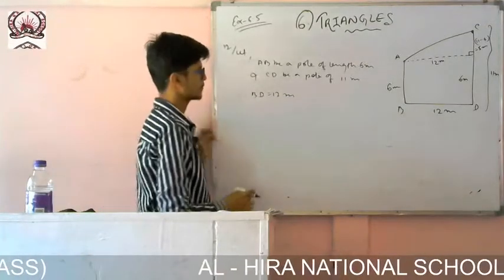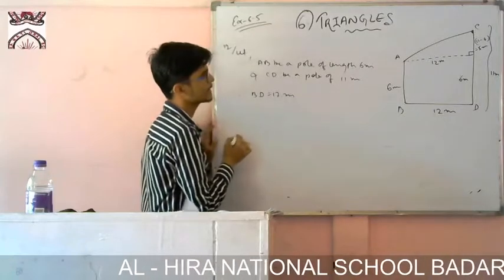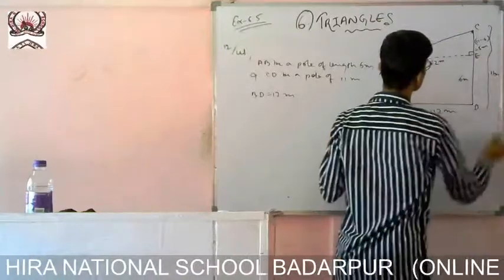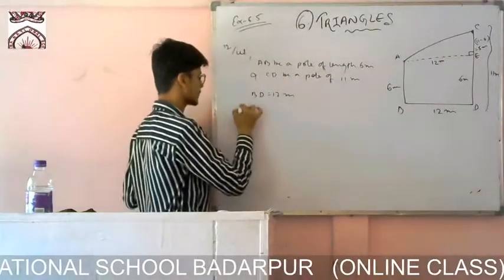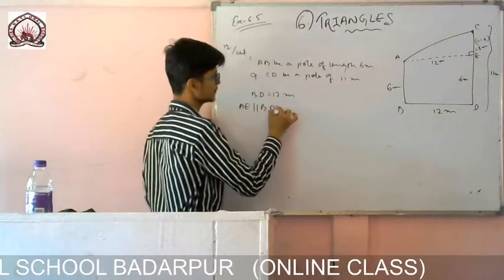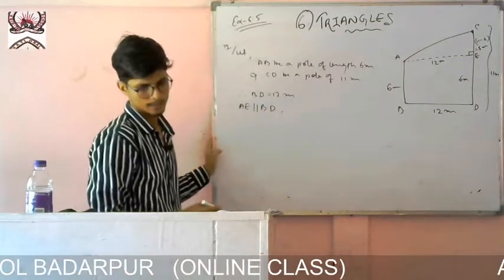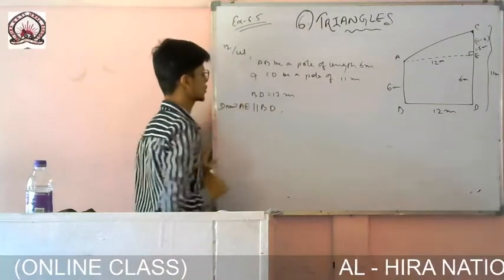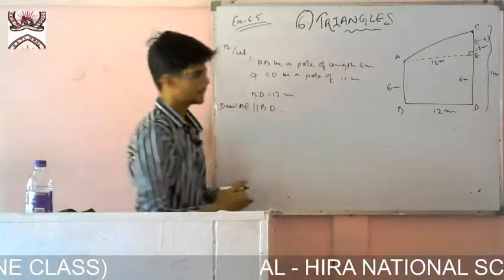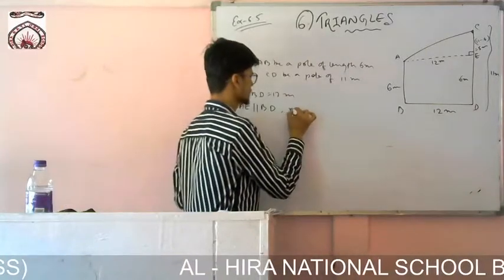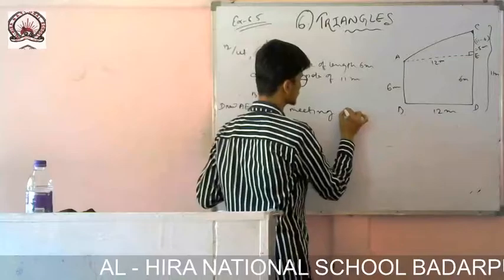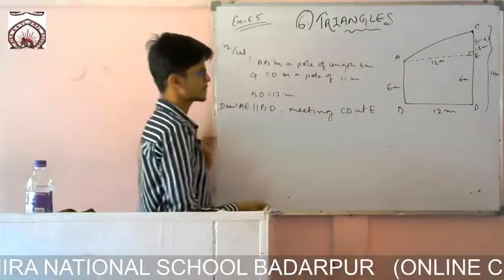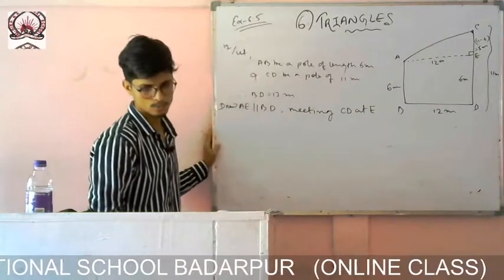Okay. For that purpose what I have done, I have drawn ABCD as given. Let me give this one as E. So I have drawn AE parallel to BD. Draw AE parallel to BD, meeting CD at E. That means BD will be equal to AE equals 12 meter.